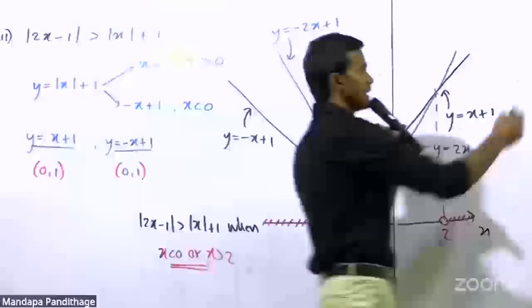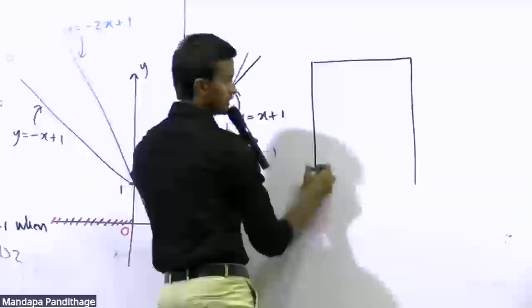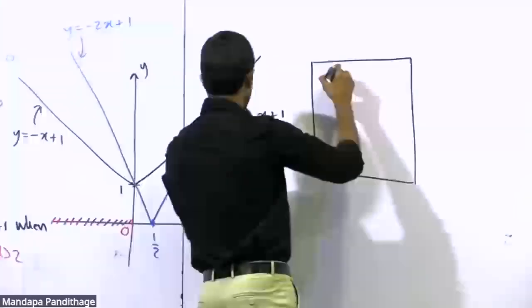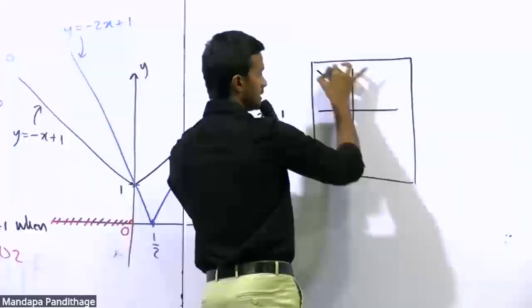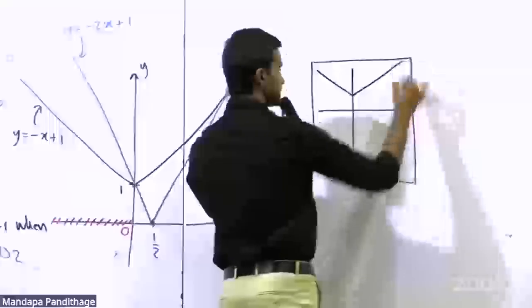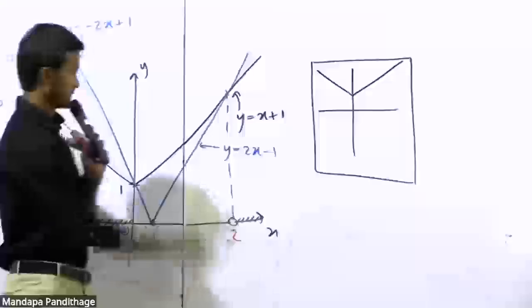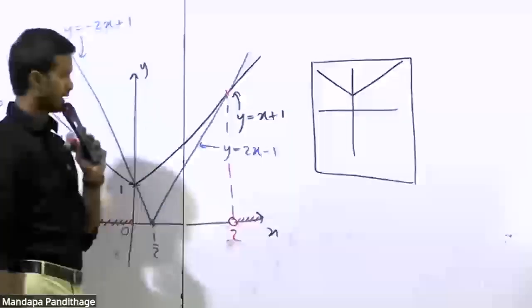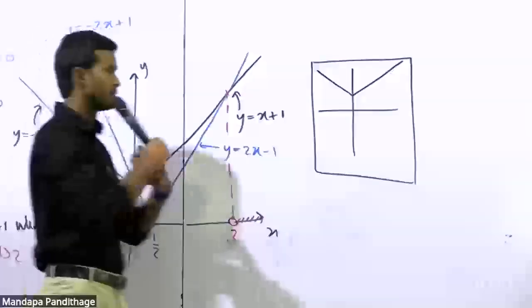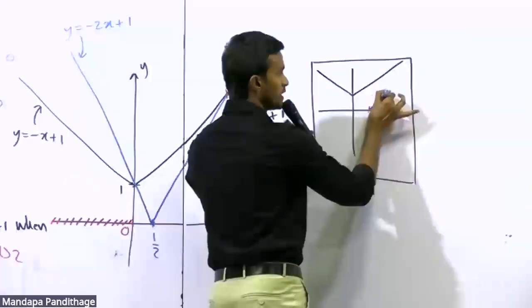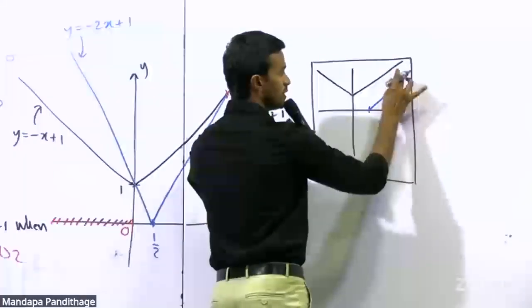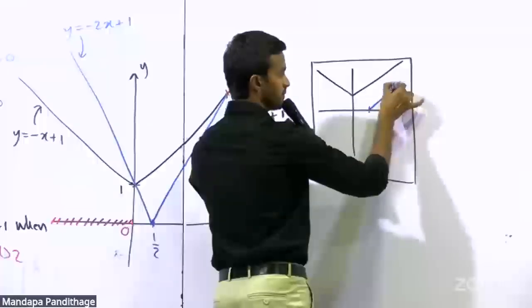If not, I have seen students doing it this way. Now this is the book. Here we have the modulus function x plus 1, and then you draw this blue colored graph, and then you realize that you won't be able to make them intersect.